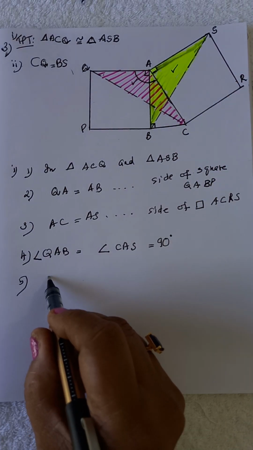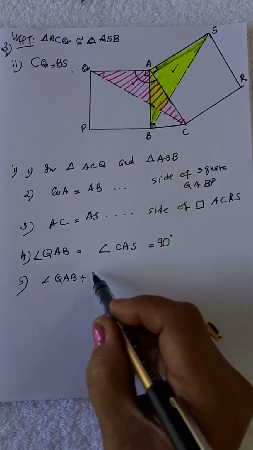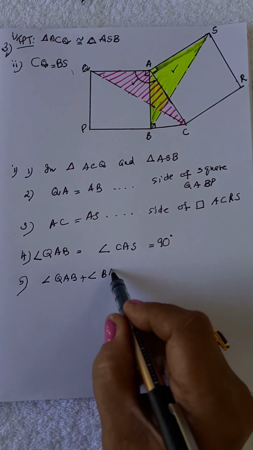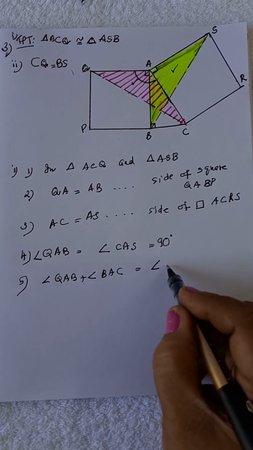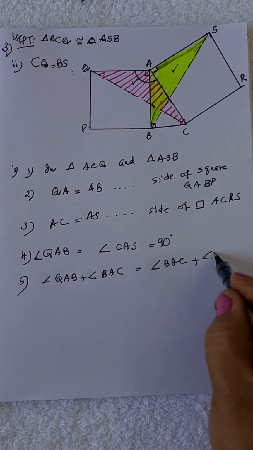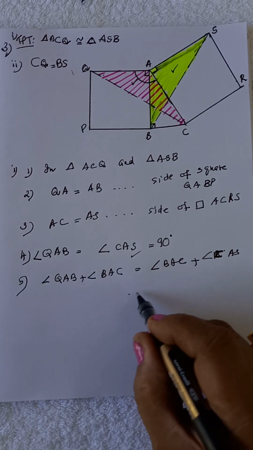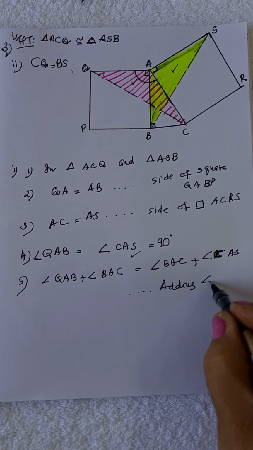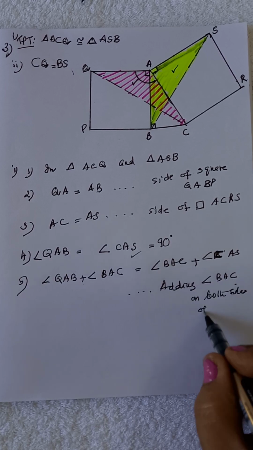So we can write angle QAB plus angle BAC is equal to angle BAC plus angle CAS. The reason we can write: adding angle BAC on both sides of 5.